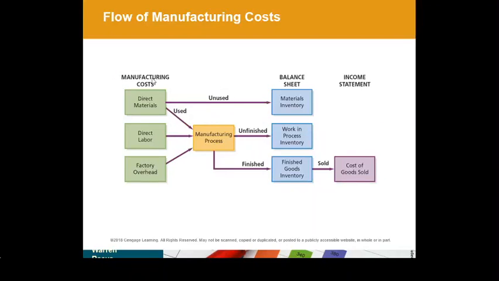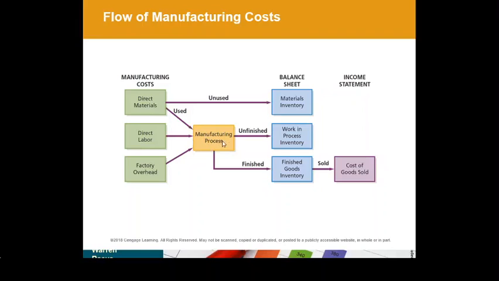So the flow for manufacturing cost is this: manufacturing costs that you learned just now consist of direct materials, direct labor, and factory overhead. If the direct materials are unused, they go to the balance sheet under material inventory. If they are used, they go through the manufacturing process together with the direct labor and factory overhead.